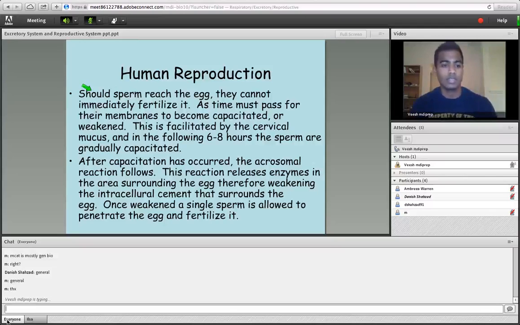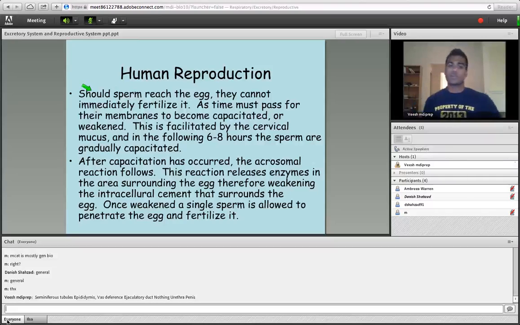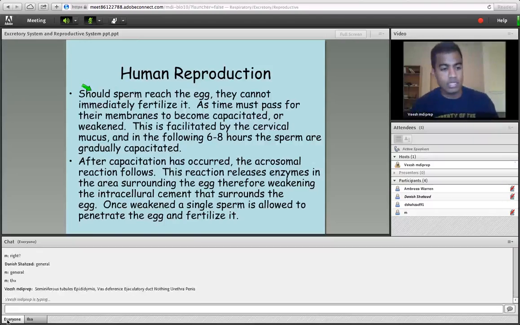E for ejaculatory duct. N doesn't mean anything. U is urethra. And P is penis. So this is the pathway that sperm travels through, and if you look at each of those capitalized letters, it spells SEVEN UP.